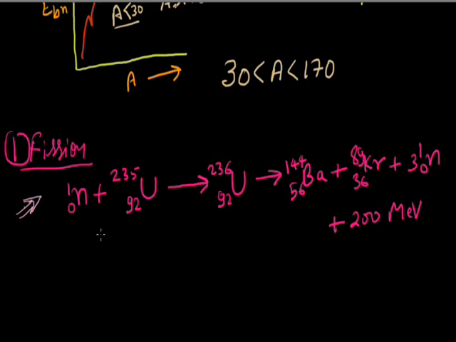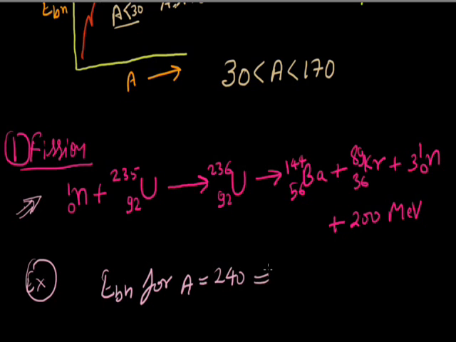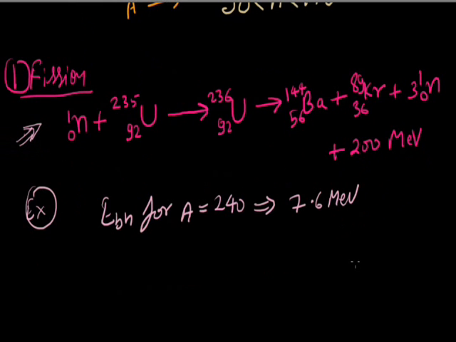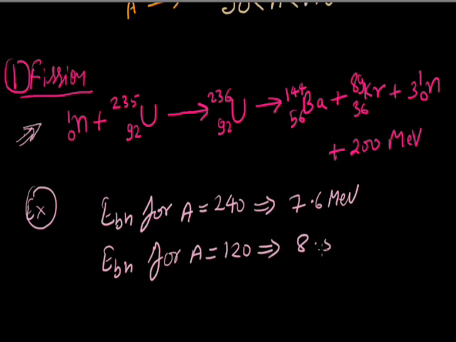For example, the EBN for atomic mass 240 is, let's say, 7.6 mega electron volt, and a nucleus EBN for A 120 is 8.5 mega electron volts.